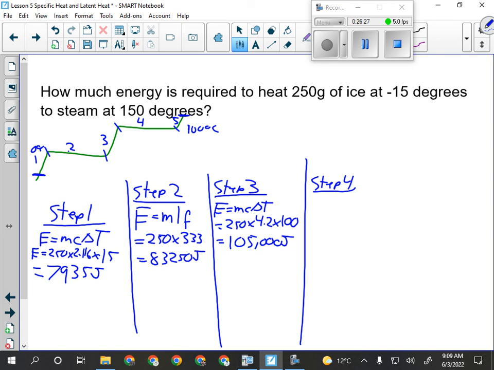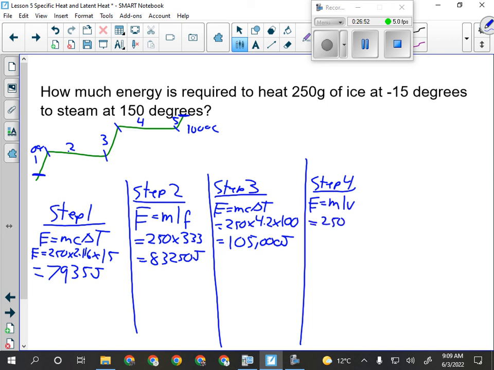Not MLF, but MLV. I have to use the one for vaporization because now I'm vaporizing the water, right? I use MLF for freezing. I use MLV for vaporizing. Does that make sense to everybody? So, E equals MLV.